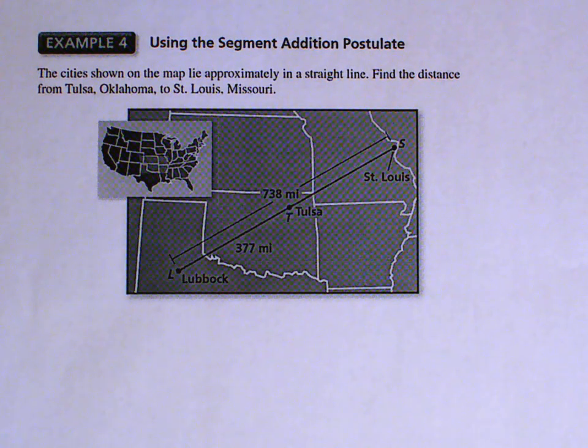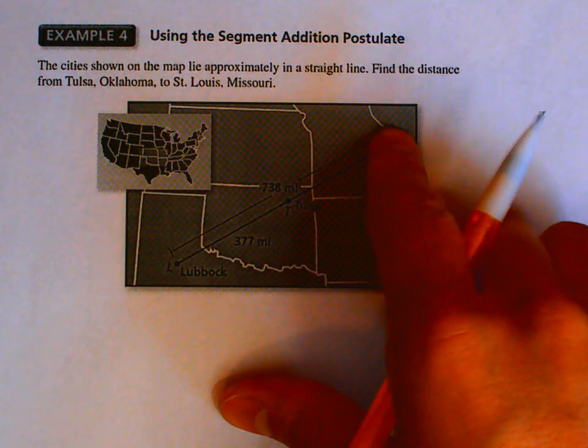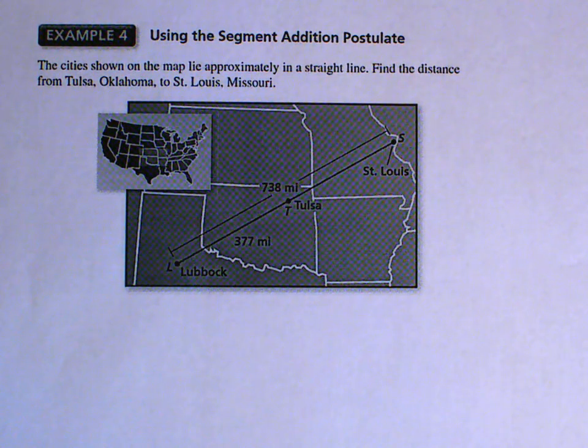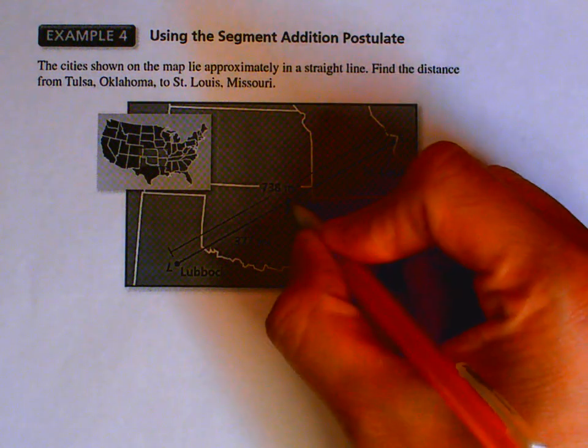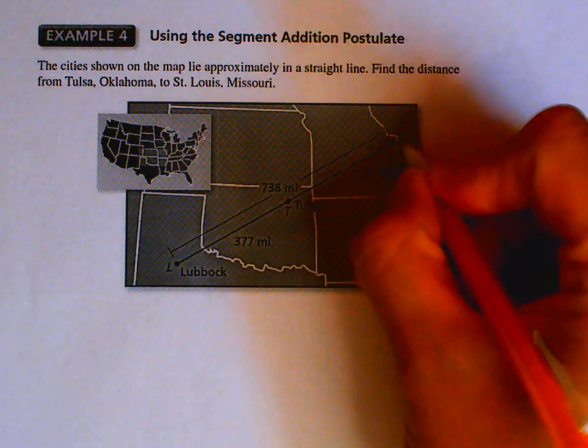Now for the last example. In this one, obviously I don't want you guys to draw the map, but I want you to draw the segments that are in here, pretty much this way. The cities shown on the map lie approximately in a straight line. Find the distance from Tulsa, Oklahoma to St. Louis, Missouri. So pretty much from here to here, what is that distance going to be?